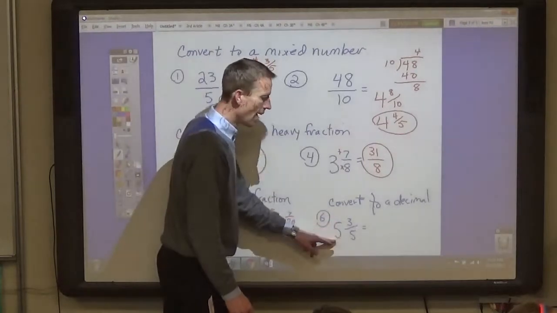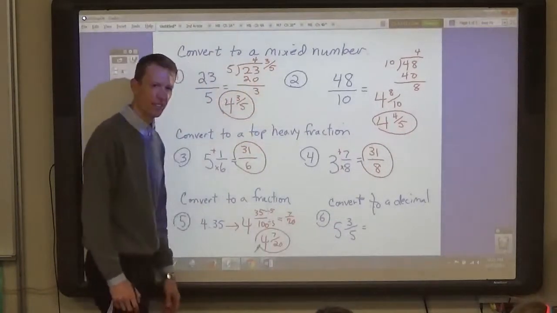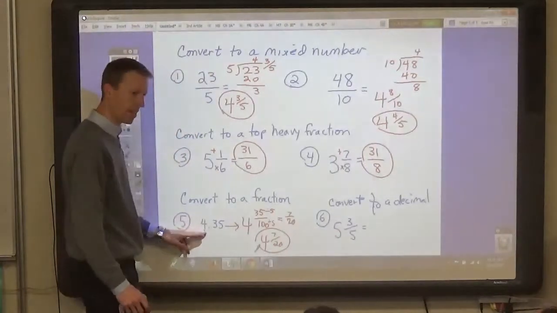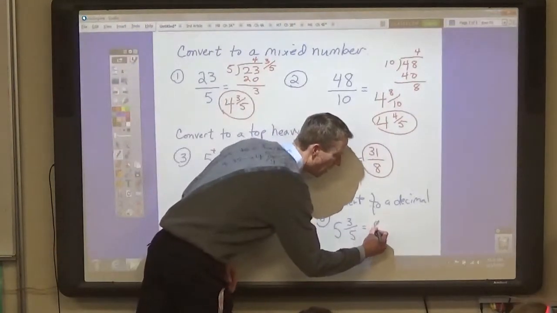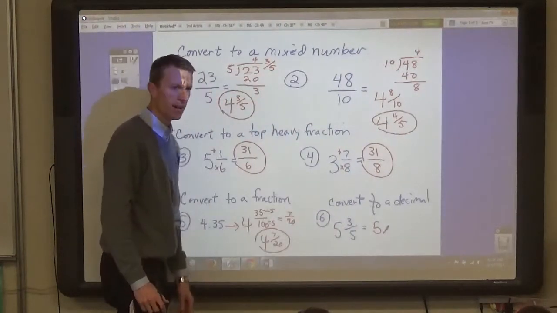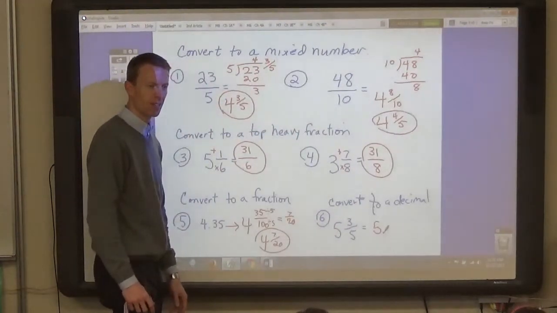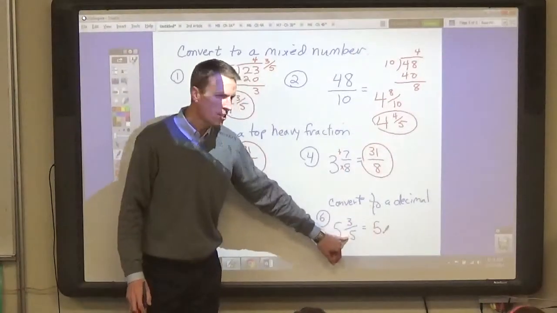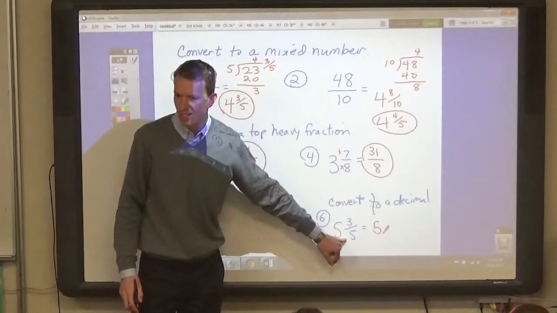How about 5 and 3/5? So, the 5 is the whole number, isn't it? 5 point. Now, 3 divided by 5. Now, this was one that we talked about yesterday. 3/5 is how many tenths?